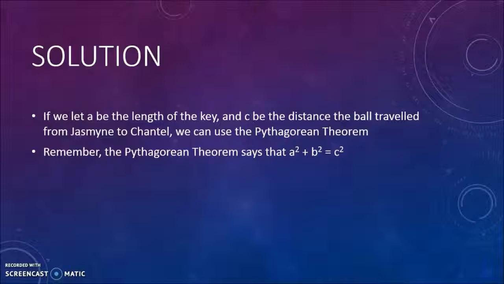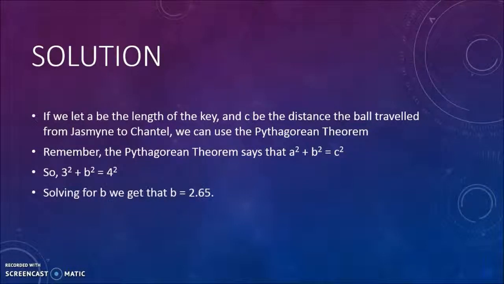Remember, the Pythagorean theorem says that A squared plus B squared equals C squared. So, 3 squared plus B squared equals 4 squared. Solving for B, we get that B equals approximately 2.65. So the width of the key is about 2.65 meters.